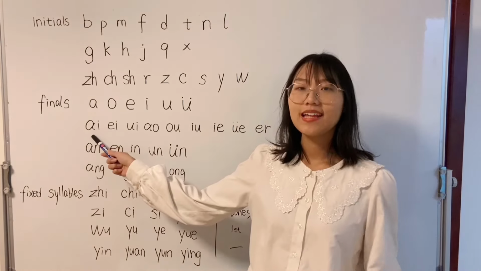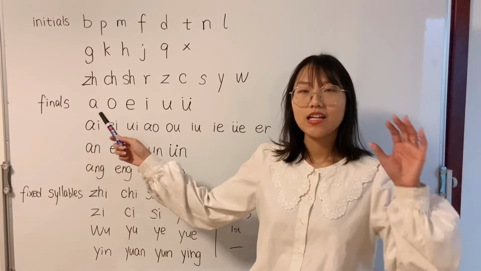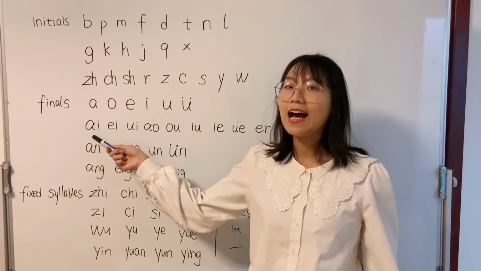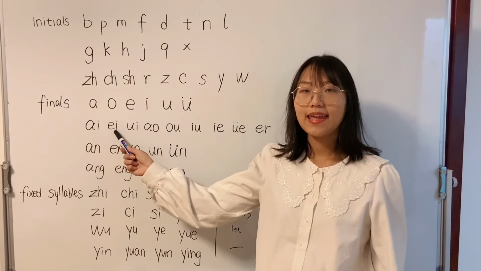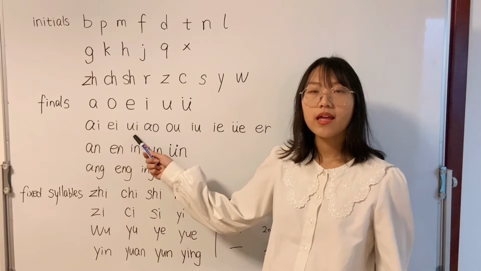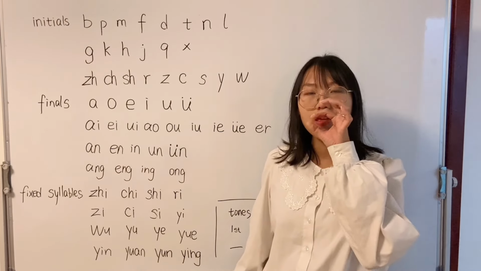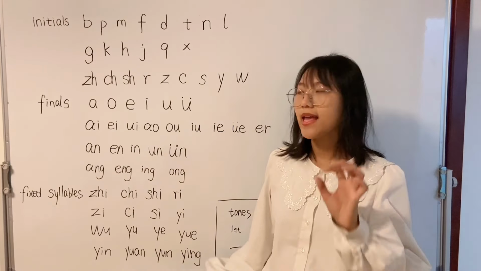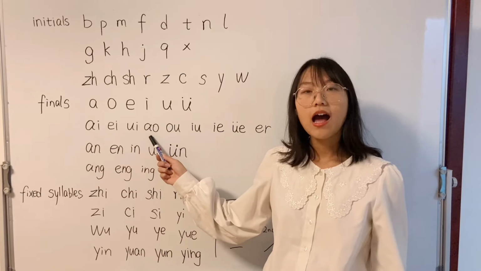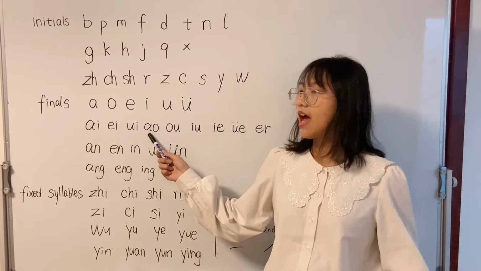The first one, ai. You open your mouth and you close a little bit later. Ai. Ei. You close your mouth a little bit and then you open up. Ei. Ao. You open and then close a bit.